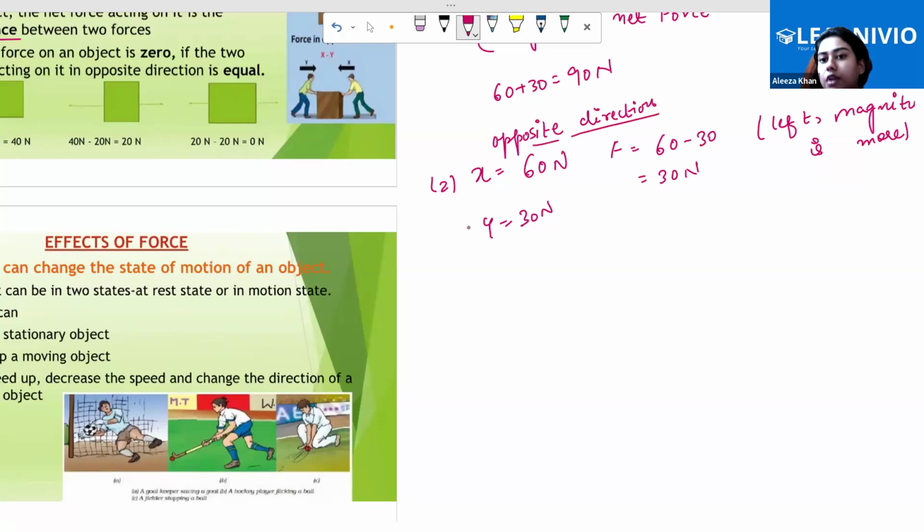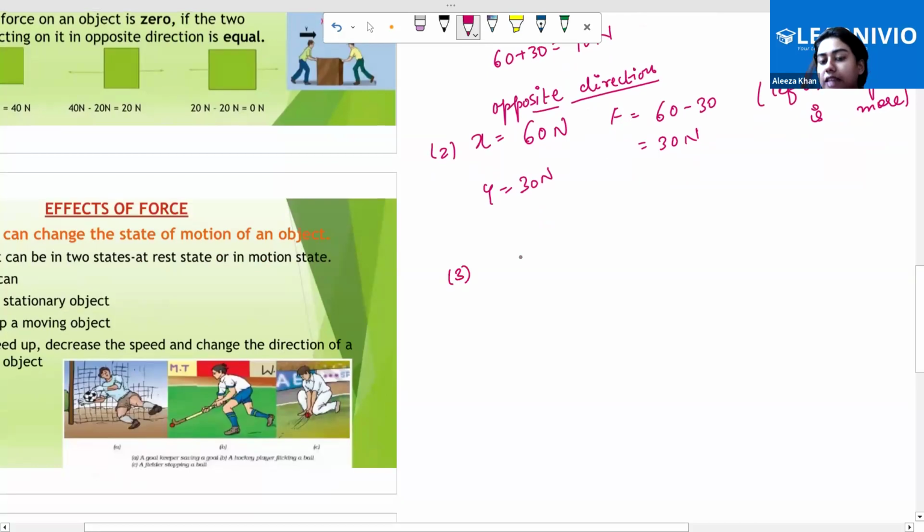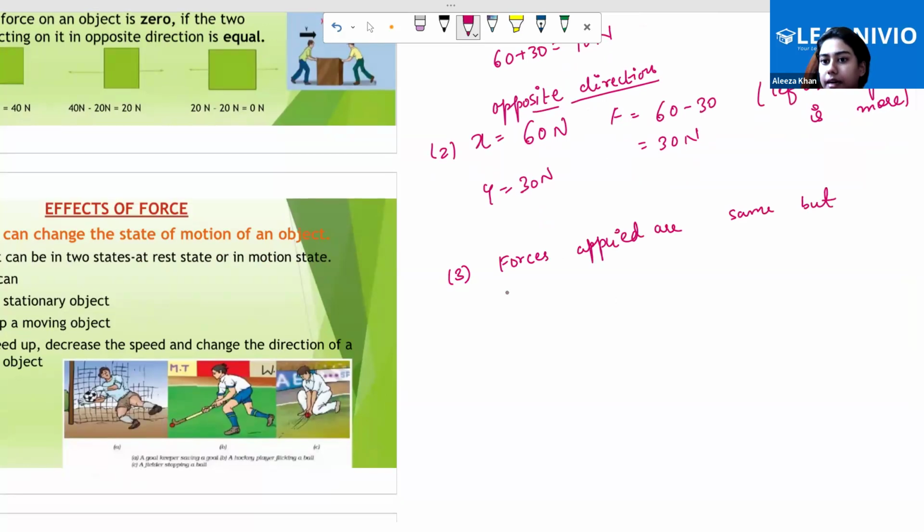Now, there is another case where the forces applied are same, but in opposite direction. Got it? Now, what will happen, Ishal, if same forces are applied in the same direction?